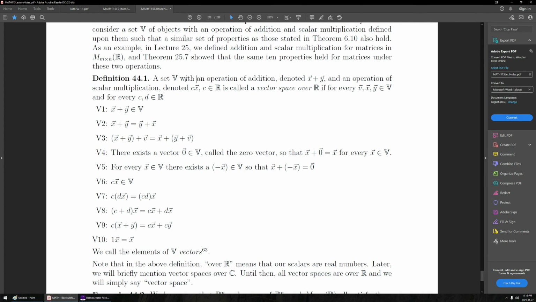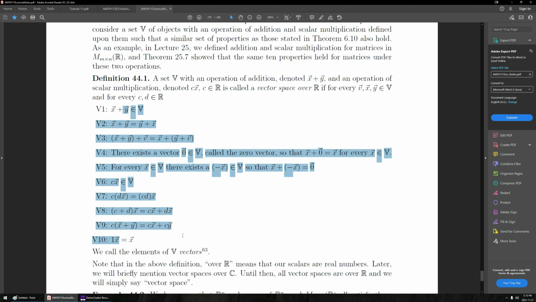Okay, so if you recall previously, we had a definition that looked really similar to this definition, but instead of saying V, we talked about Rn. Well, it turns out that there's lots of objects that satisfy all 10 of these properties that are satisfied by vectors in Rn, and those objects are very interesting to study in and of themselves.